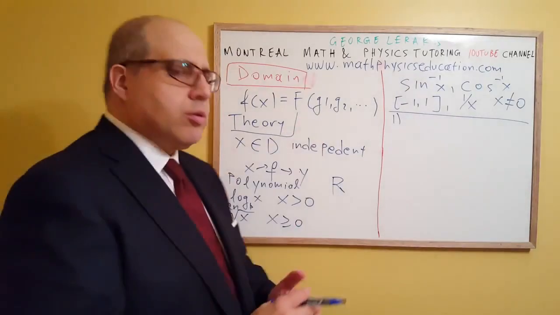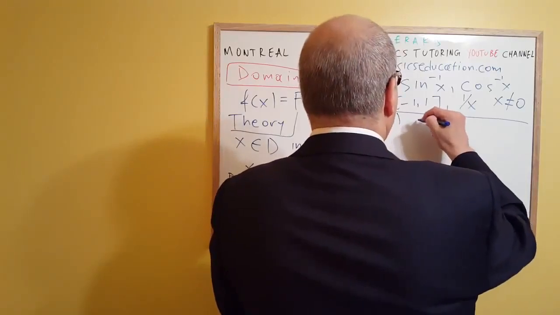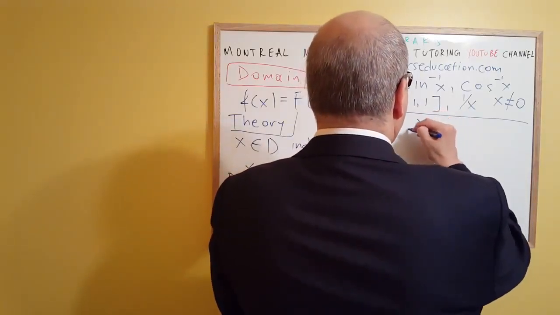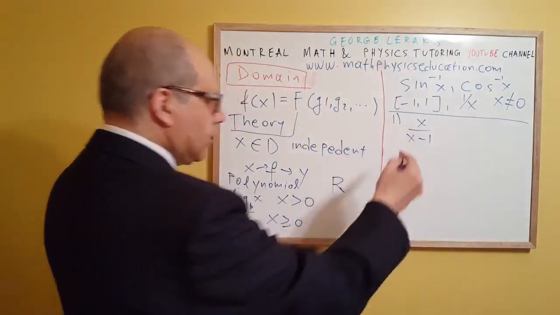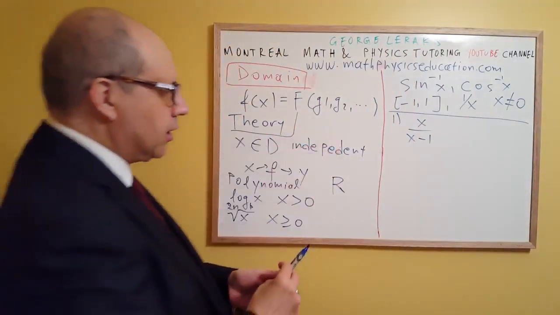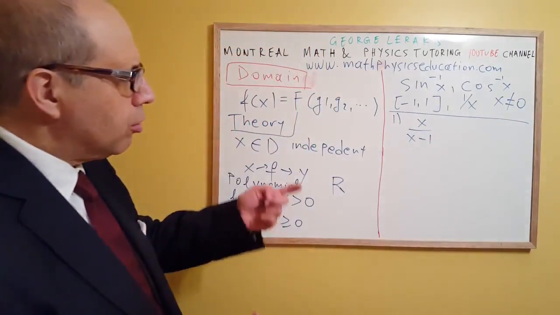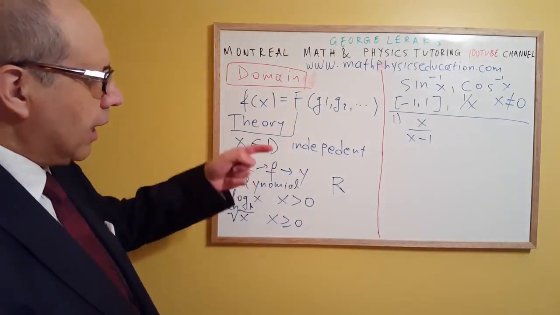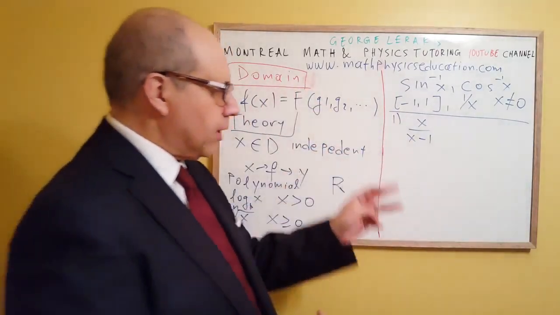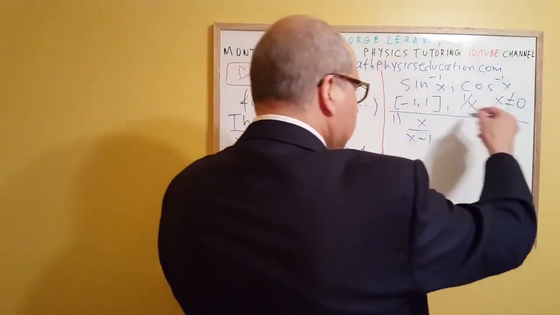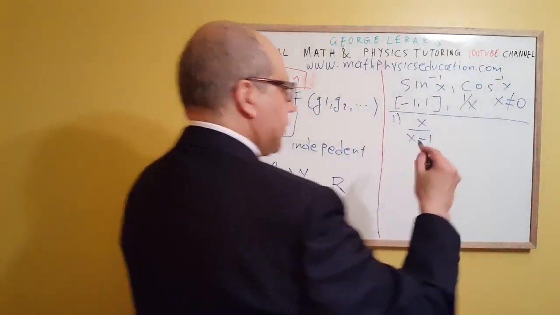So now let's do some examples. Let's say you want to find the domain of the function x over x minus 1. Your component functions here are x and x minus 1. What kind of function is this? This is a rational function, so we have to make sure that the denominator is different than 0.